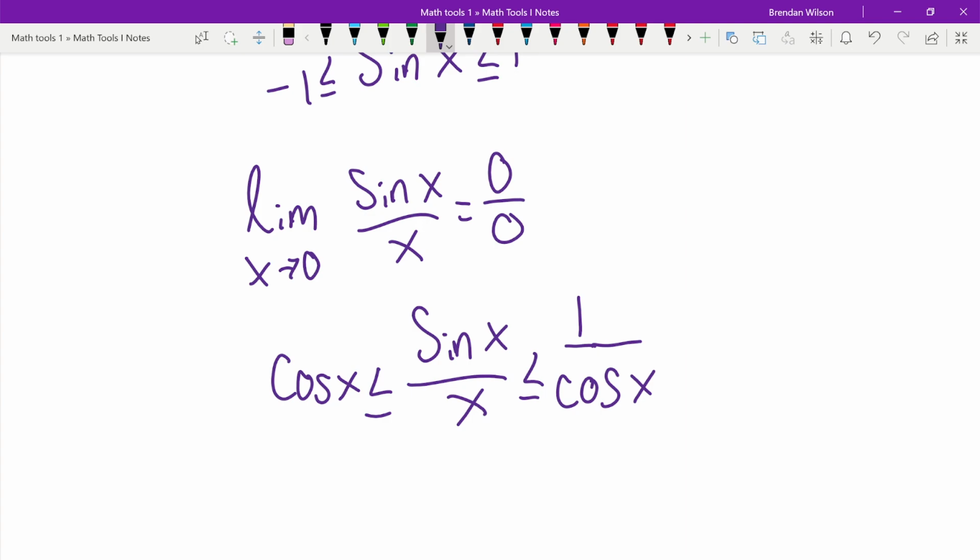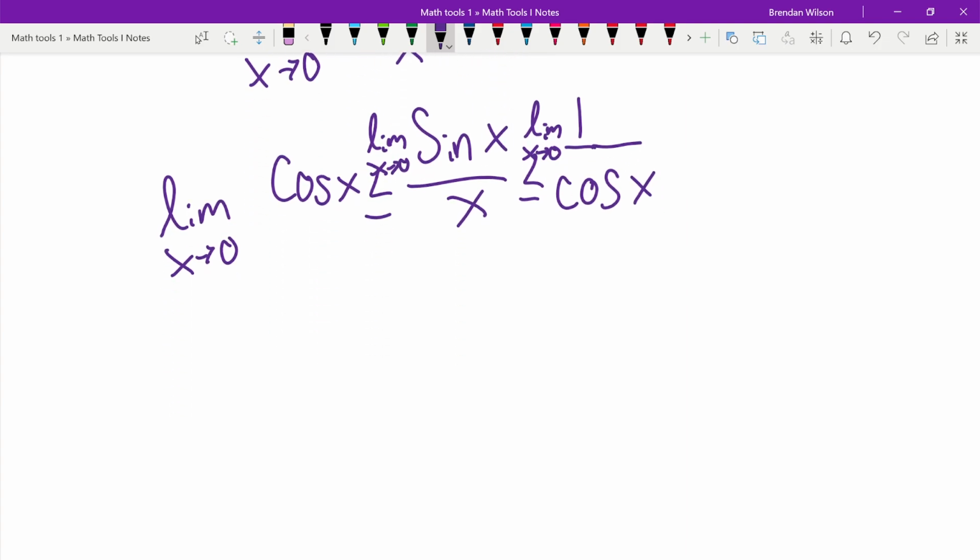So if you take the limit of all of these parts, if you want to be proper, on the left you get 1, and on the right you get 1 over 1, which is 1.